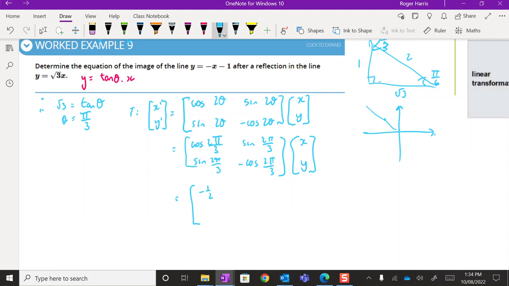For sine, I've got sine of 2 pi on 3, again second quadrant, which is going to be the same as sine pi on 3, which is going to be the same as root 3 on 2. So the next one is I've got negative cos 2 pi on 3, and I know that the cos 2 pi on 3 is already negative a half, so my negative a half becomes positive a half.